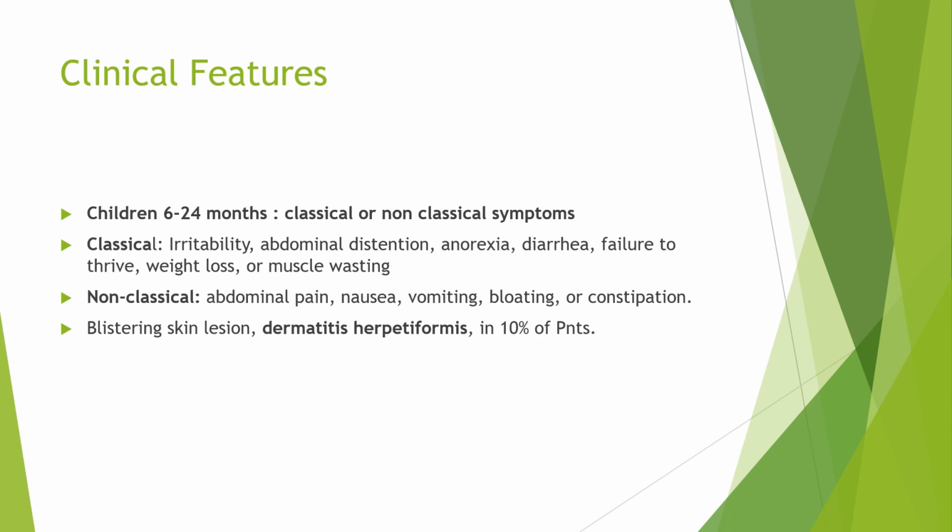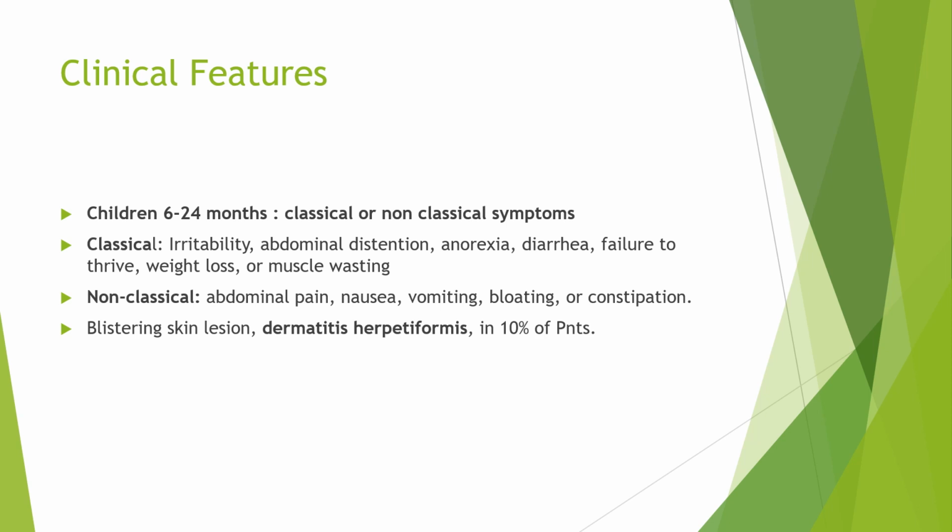The non-classical manifestations sometimes can mislead us a bit because they will not point to celiac disease. There is no diarrhea and no weight loss, but the patient comes with unexplained abdominal pain, nausea and vomiting, bloating, sometimes constipation rather than diarrhea. So these manifestations can sometimes delay the diagnosis.